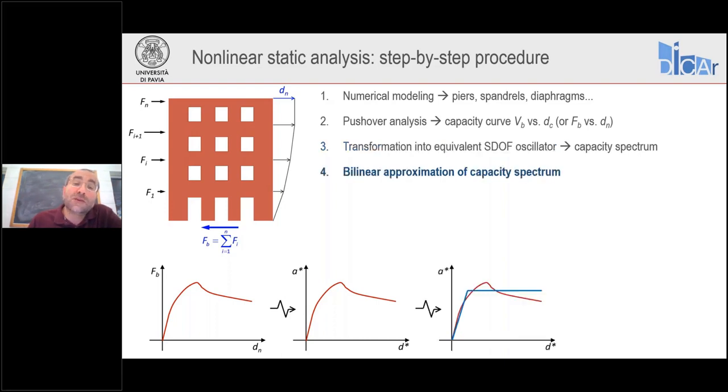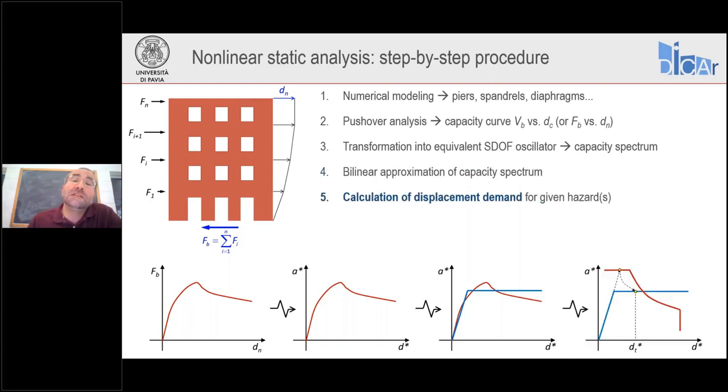After this, we need to transform our capacity spectrum into a bilinear relationship in order to be able to apply the methods to determine the displacement demand for the given hazard, displacement demand acting on the structure.